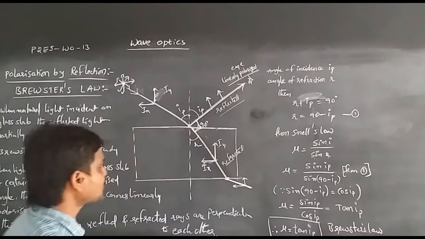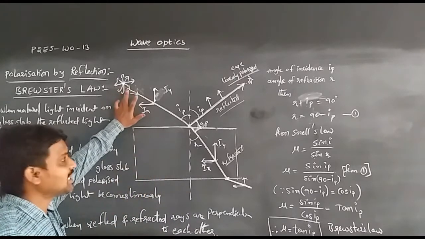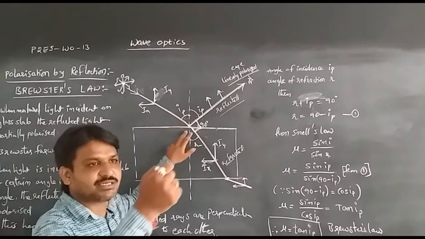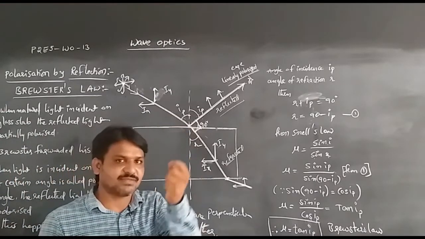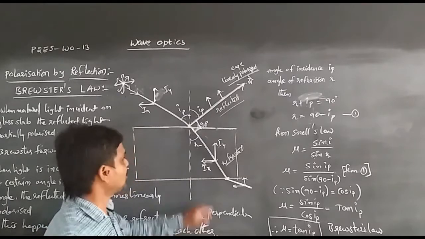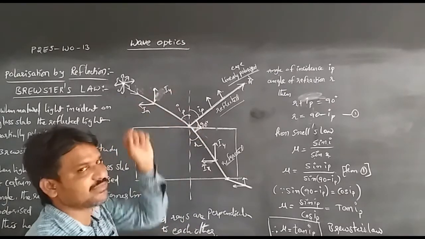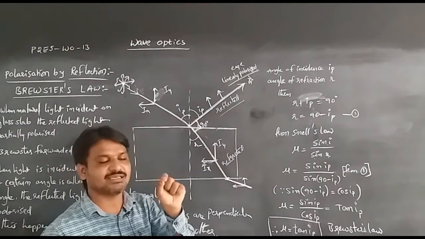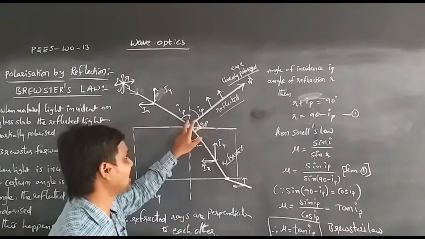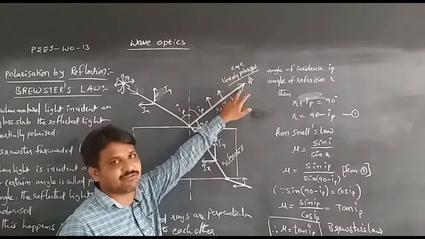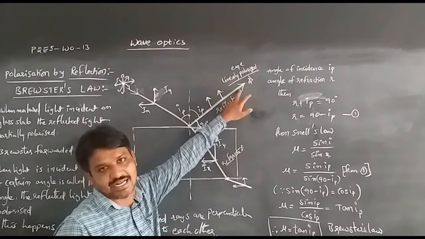Once again, when unpolarized light is incident on the glass slab, some of the light is reflected and some is refracted. When the light is incident at a certain angle, called the polarized angle, the reflected light is linearly polarized.